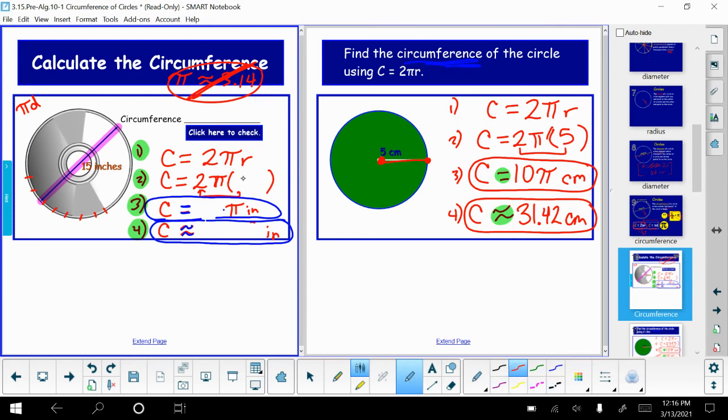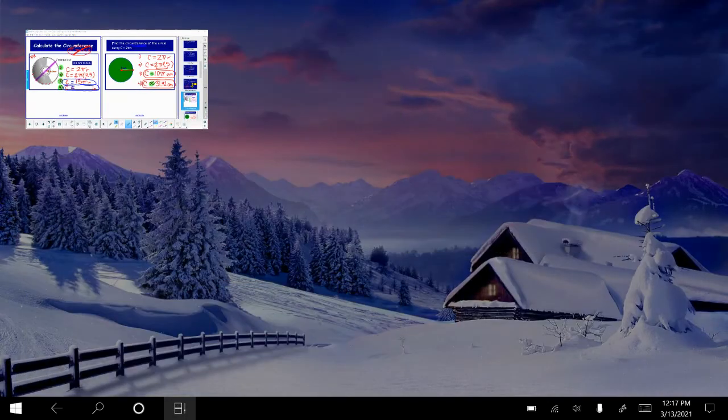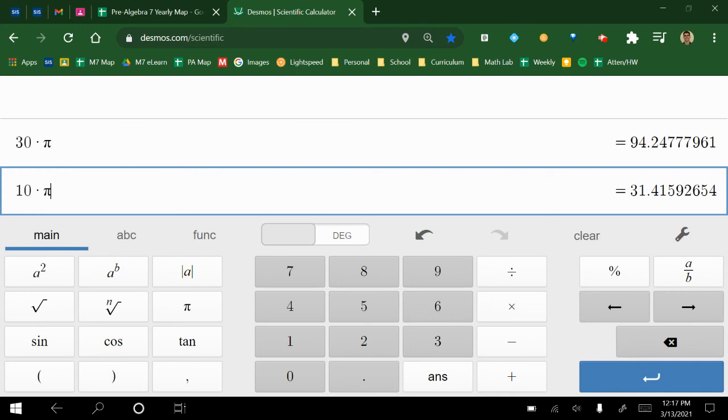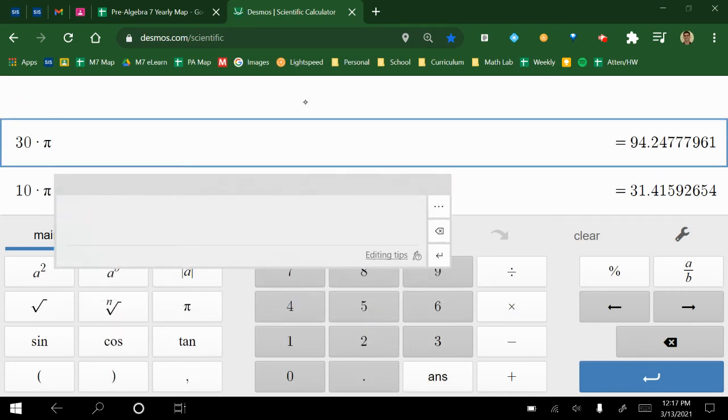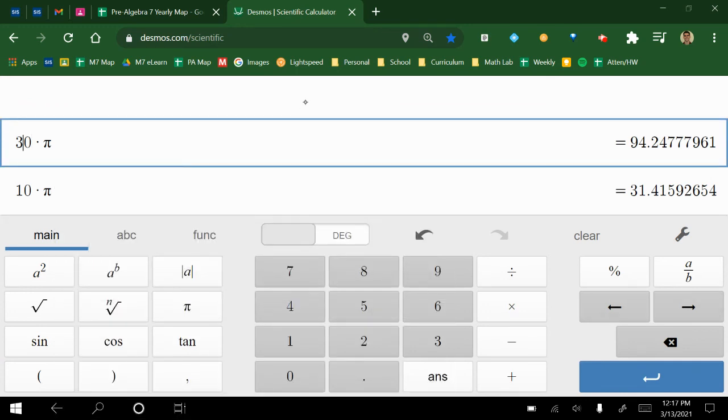Instead of a diameter of 15, remember that the diameter is exactly twice the radius. So if we cut 15 into 2 parts, cut it in half, you'd have 7.5 inches. Now, of course, 2 times 7.5 gets us right back to 15 times pi inches as the exact answer. Let's go ahead back to this. One thing I like about the Desmos calculator is you can just go back and delete.